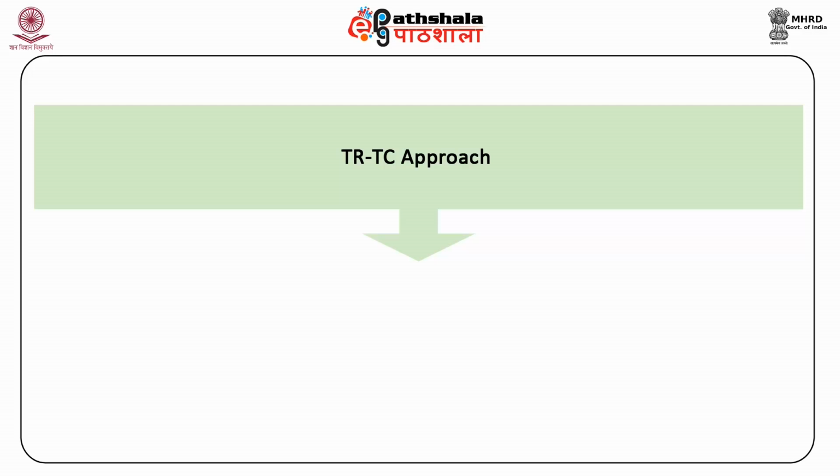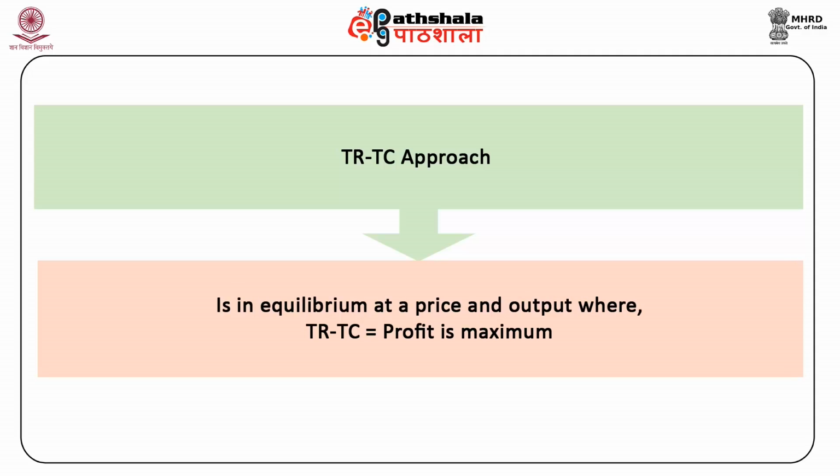TR-TC approach. According to the total revenue, that is TR, and total cost, that is TC, approach, a monopolistic firm is in equilibrium at the price and output where TR minus TC, which is profit, is maximum.